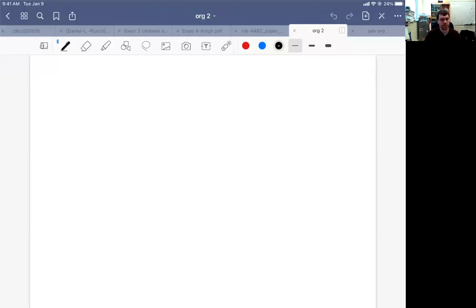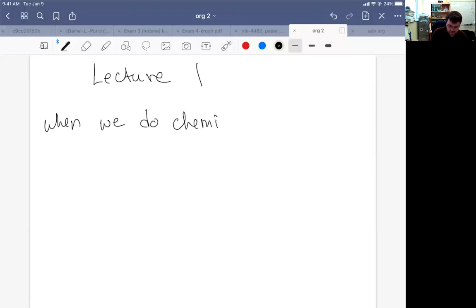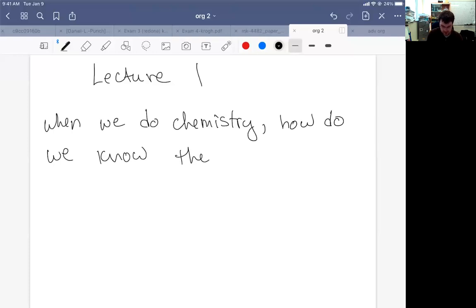This lecture, we're going to get into spectroscopy, looking at the first topic in the course. If I had to mention the major types of spectroscopy, I would start with a question. When we do chemistry, just reminding us all that we're chemists again, how do we come to know or find out the structure of a molecule?